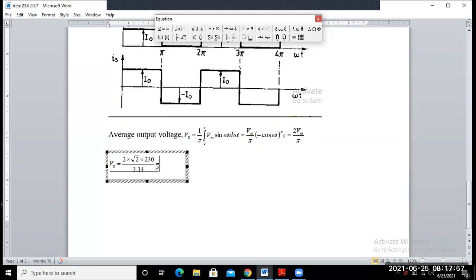So 460 into 1.42, the root 2 value, divided by 3.14. So how much is this one when you multiply 460 into 1.42?